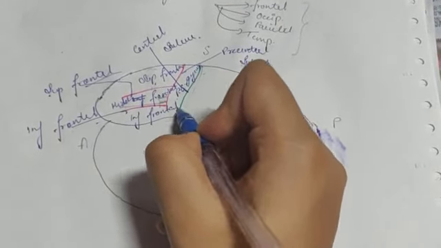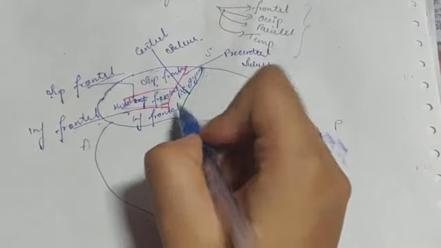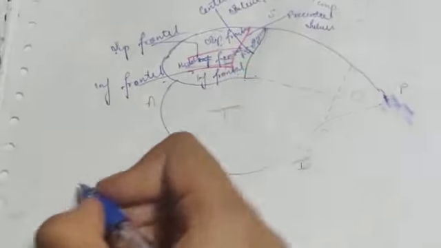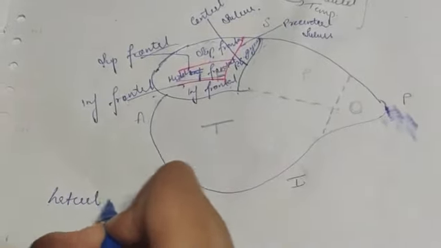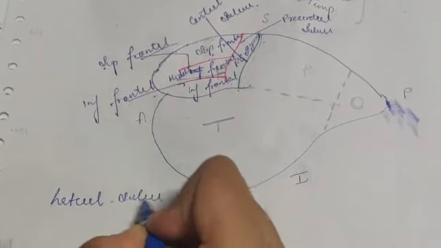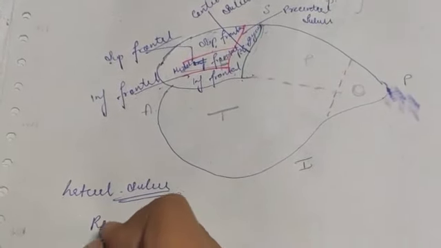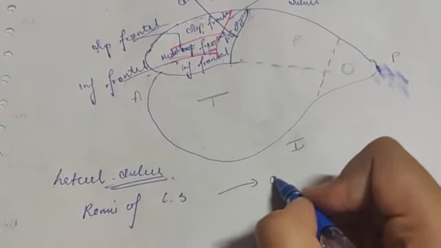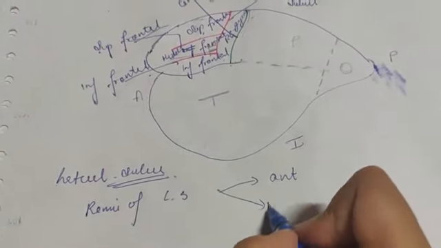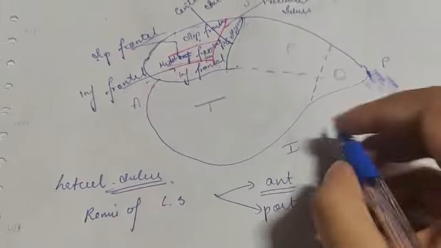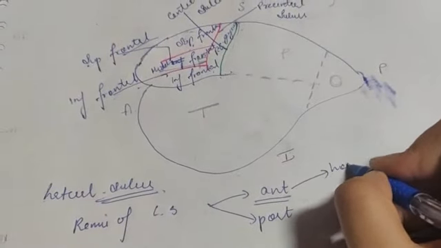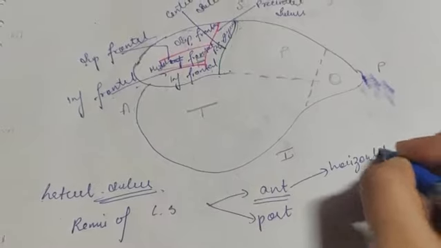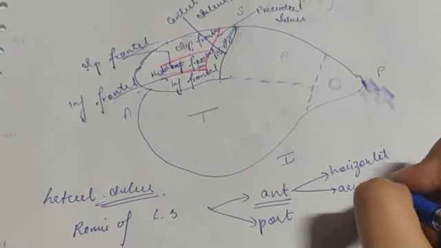Now if we want to know how the inferior frontal gyrus is again divided, we need to have an idea about the lateral sulcus. That is, we need to know about the rami of the lateral sulcus. Basically the rami of the lateral sulcus divide into an anterior part and a posterior part. The anterior part has two again: the horizontal part and the ascending part.